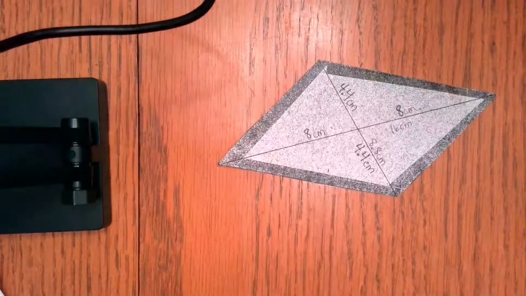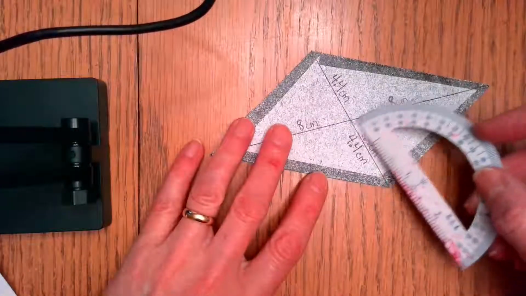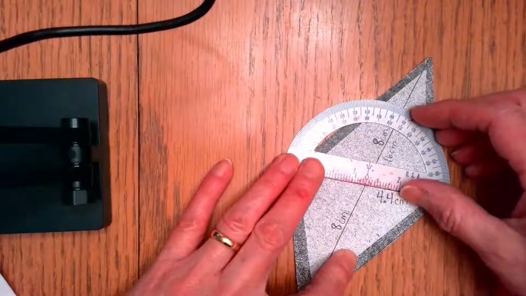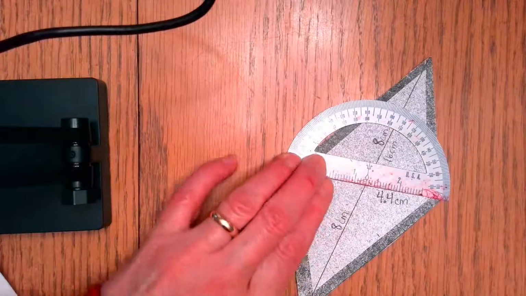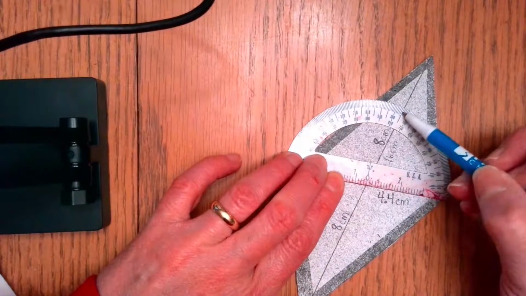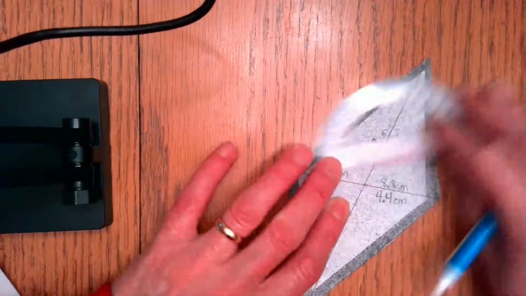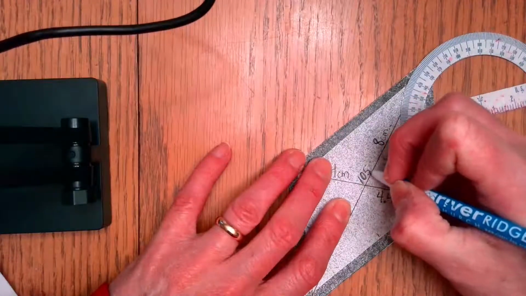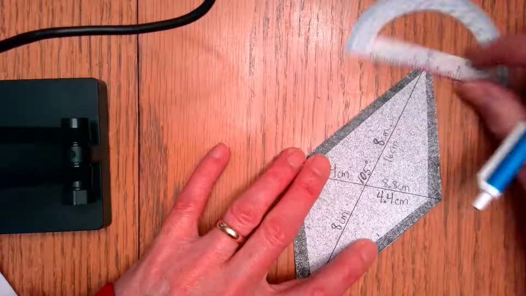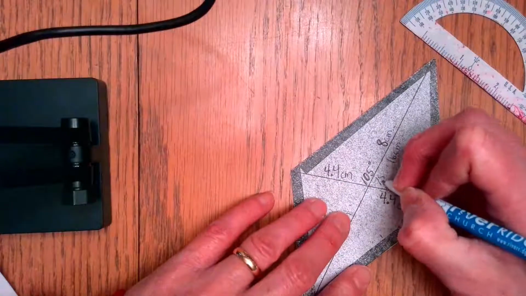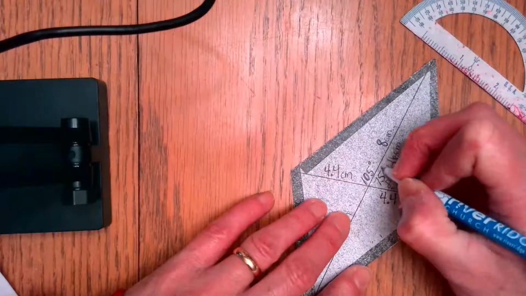Now, if I was to measure the angles here that are formed by the diagonals, you can see that it's about 105 degrees here. And that would mean if this is a straight line, this one's going to be 75, because remember, a straight line is 180.